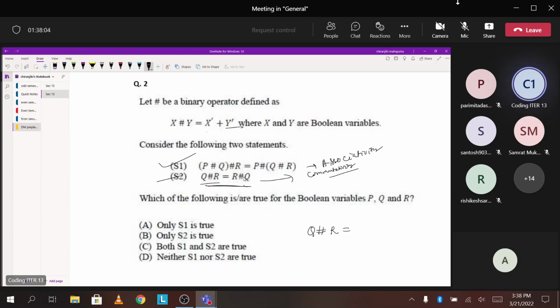Q hash r equals to q dash plus r dash, and similarly r hash q, that is equals to r dash plus q dash, and plus sign, that is commutative, we already know, and this is equals to q dash plus r dash. So that's why these two are equal, so we can say that it is commutative.